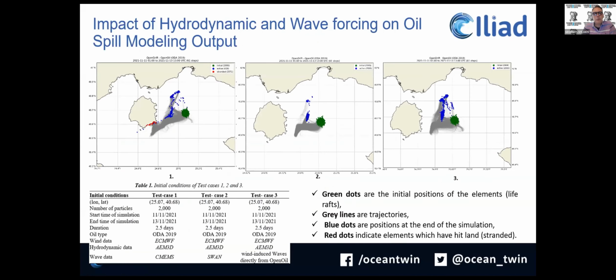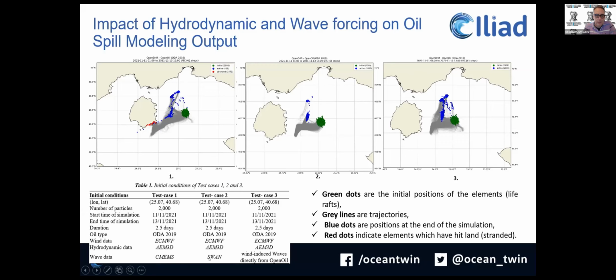Here, I just want to say that one of the things that we find really interesting is the impact of the waves and how the different investigators are considering the waves in their oil spill simulations. Here you see, for example, that we have 3 different cases where we run the same model and we force it with wind data from ECMWF, the hydrodynamic data, and also the wave model.